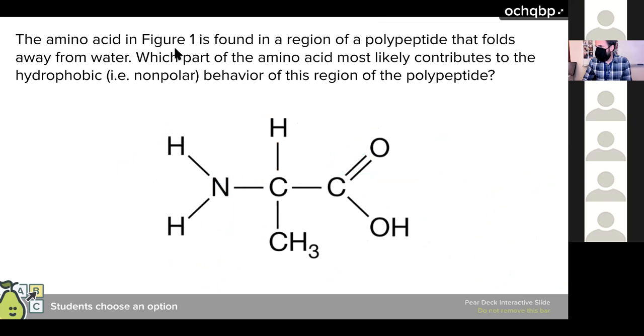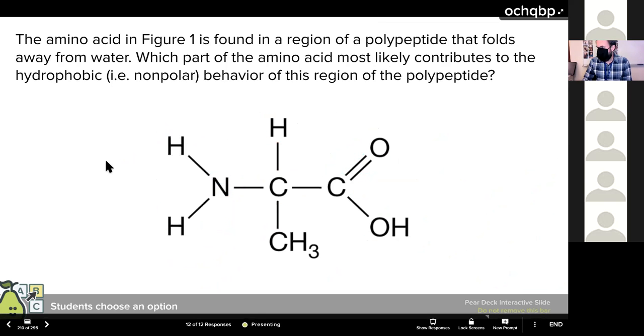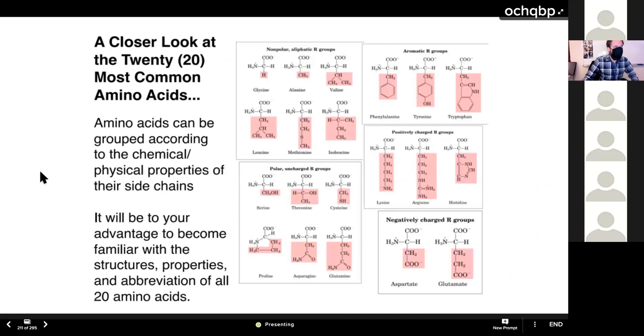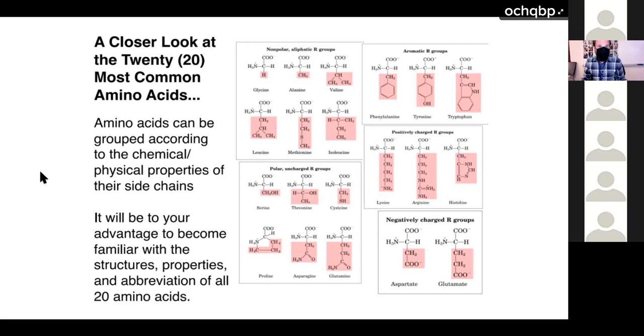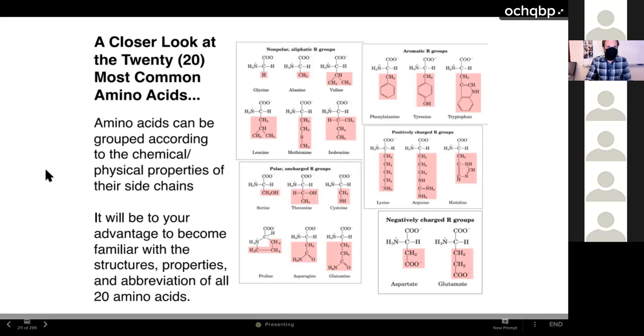And since there are 20 different amino acids, there are 20 different side groups, each with their own physical properties, which you need to memorize in order to be successful in this class and in life in general. He once again says sarcastically.